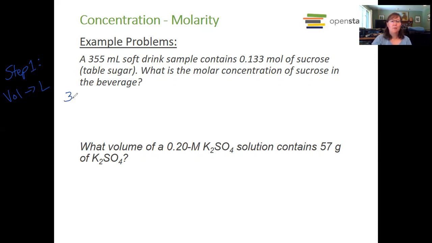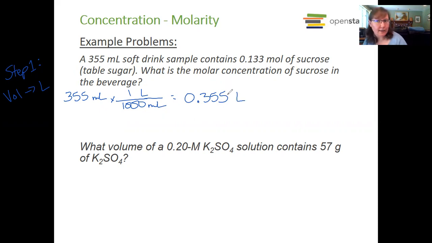So we have 355 milliliters times 1 liter per 1,000 milliliters, so this becomes 0.355 liters of solution, because you can only do molarity in terms of liters. No matter what, whether kiloliters, microliters, milliliters, centiliters, whatever you're doing, it has to be in liters. You have to convert it to liters first.